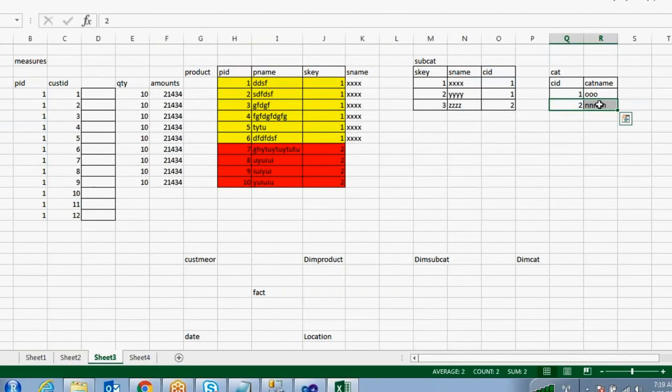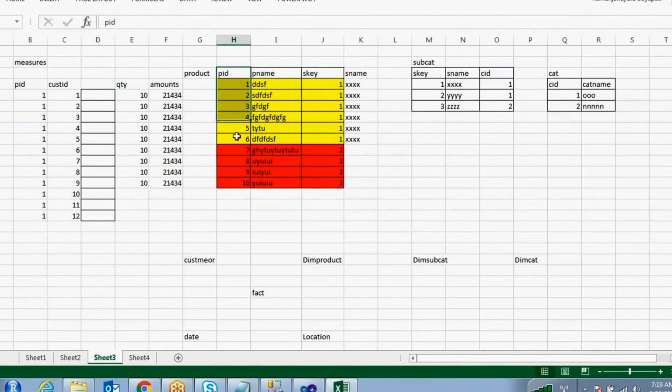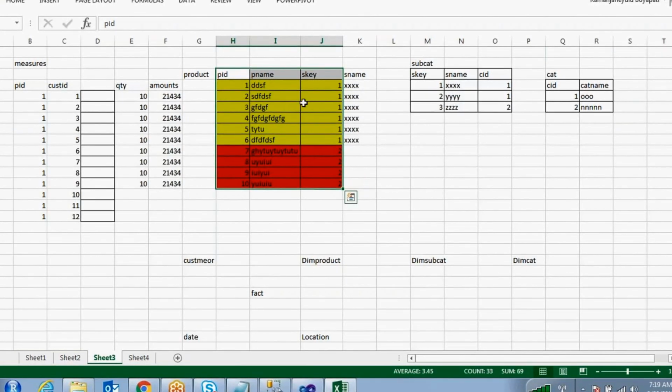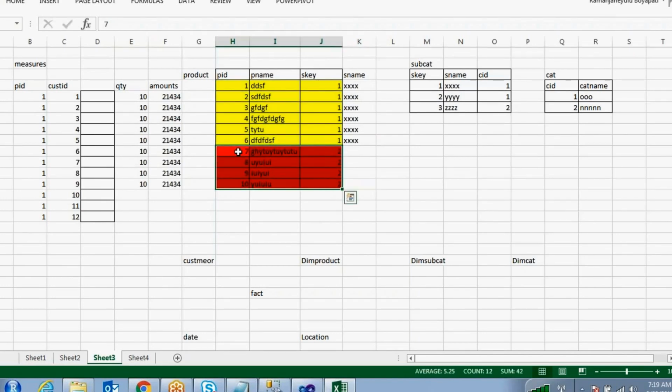If you are going to maintain only the product key column in the fact table, this is the product table. In the product table, how are you going to maintain, for each product, which subcategory it belongs to? All these products belong to this subcategory, and the below all belong to subcategory 2.